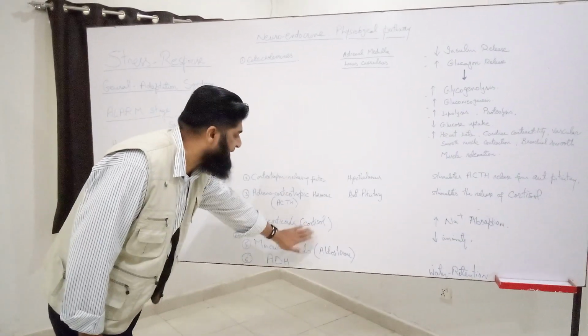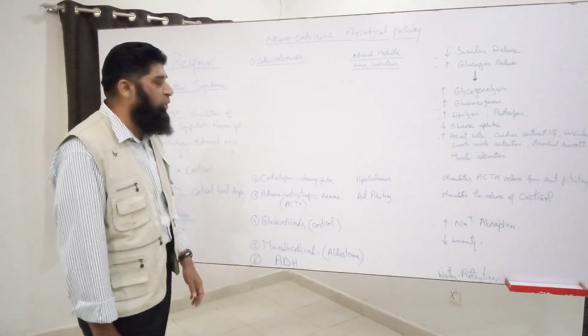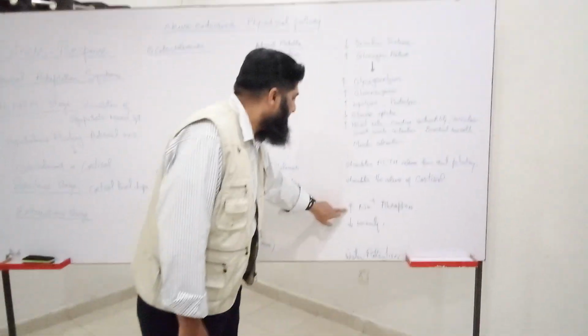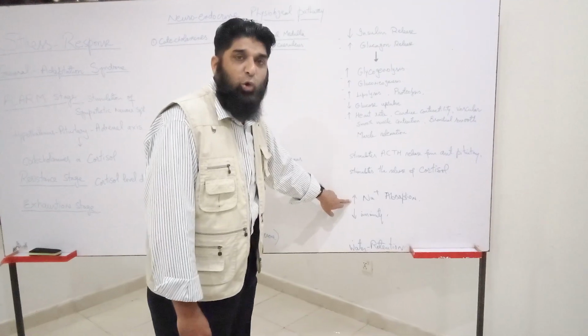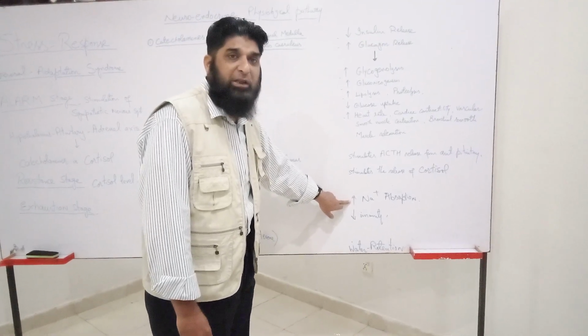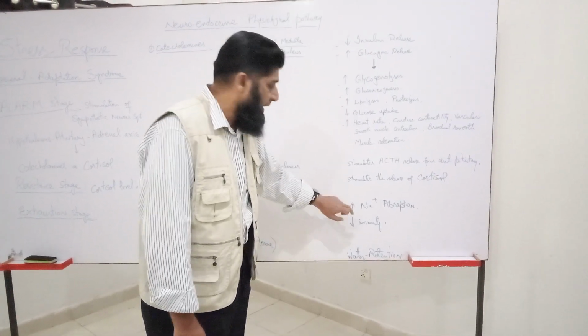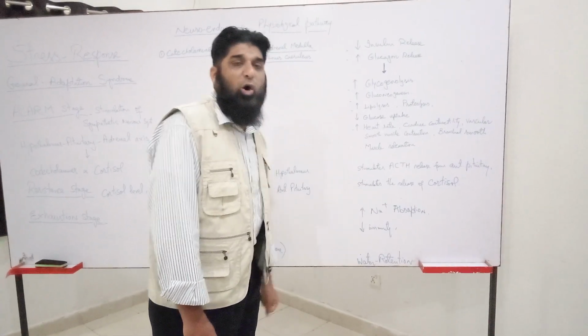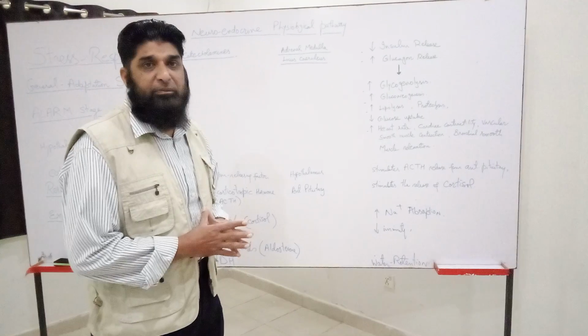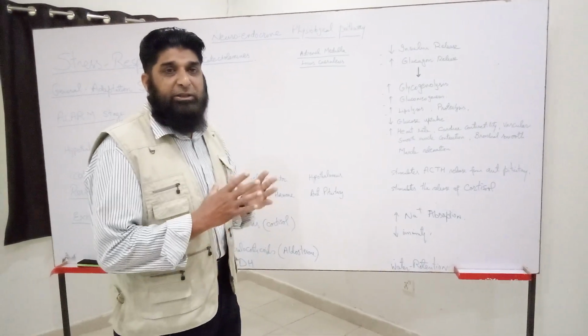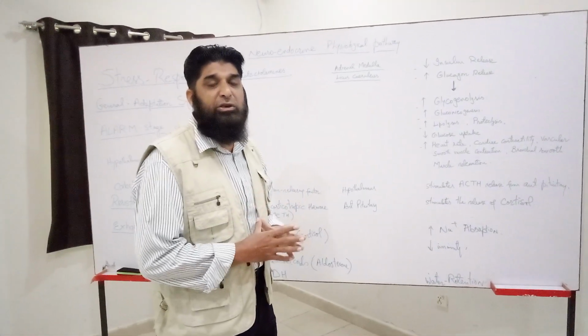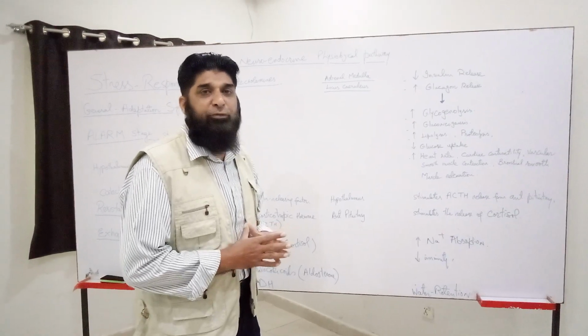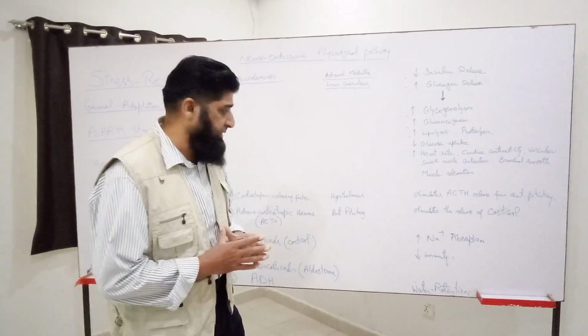Students, as a result of these two hormones, there is increased sodium absorption by the kidneys. There is decreased number of immune cells. There is decreased number of inflammatory mediators.